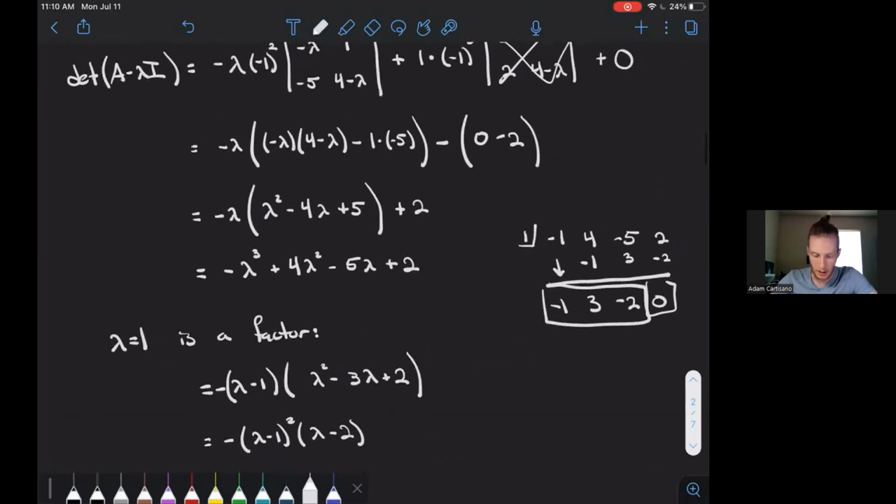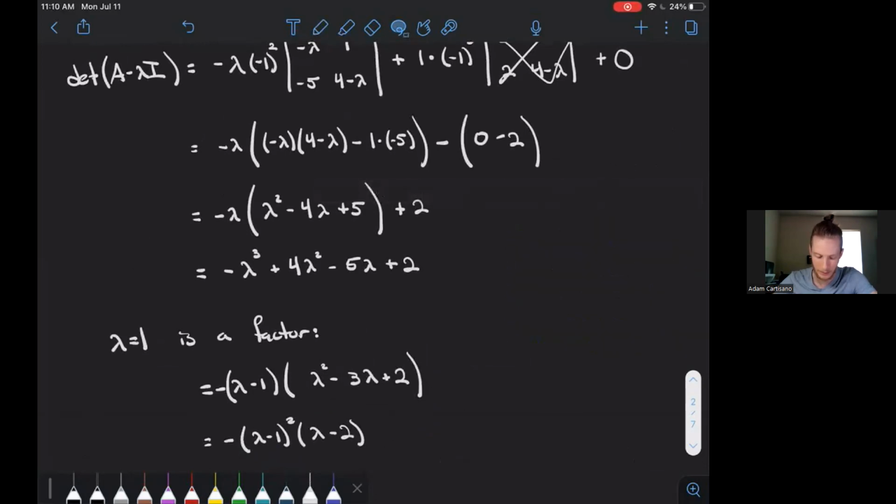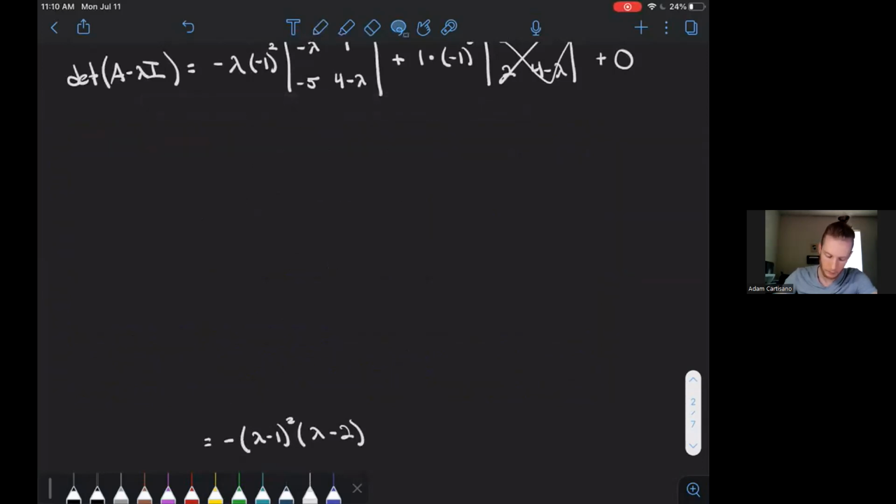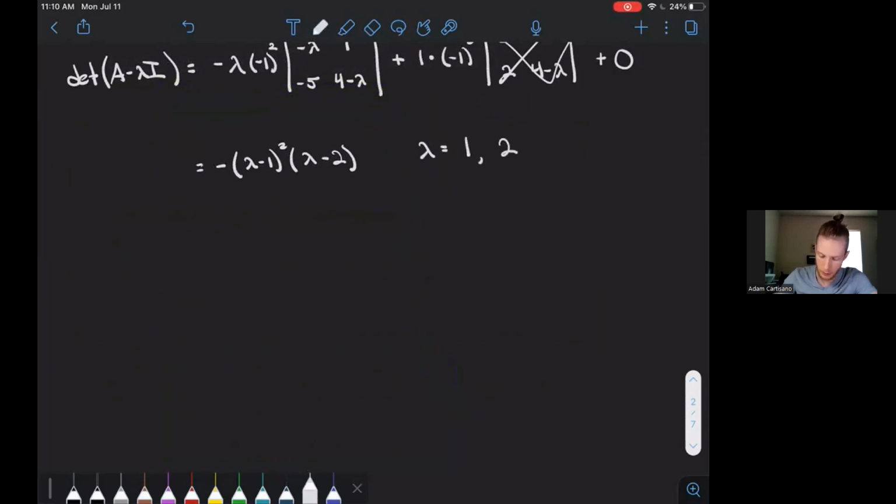Okay, so we're going to have to get rid of some of this scratch work for the sake of space. So let's just cut out all of the in-between stuff. And we're left with lambda equals 1 and 2, right?